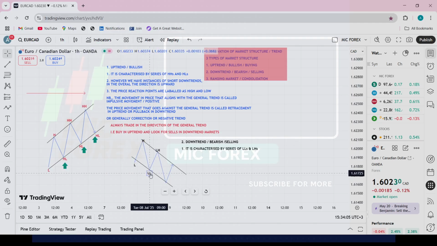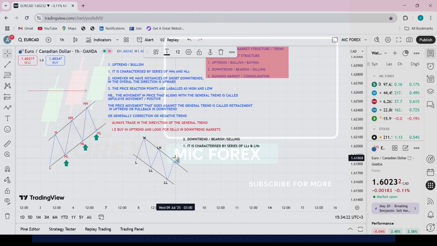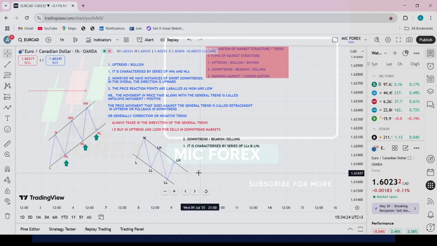From this point to this point we call it pullback or just correction or just negative trend. So that one is our lower low, and then lastly we have lower high, like that. This one is a bearish market.